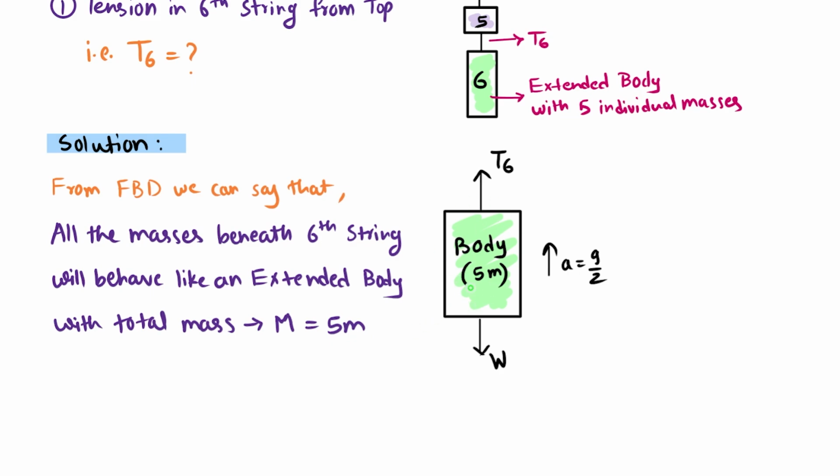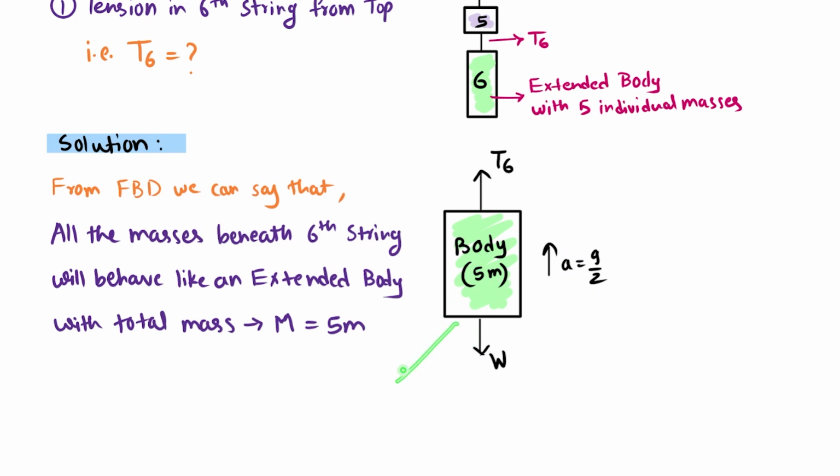On this body, there is a tension due to string number 6 acting in the upward direction, T6, and a weight acting due to Earth's gravitational force in the downward direction. And this body itself has an acceleration g by 2 in the upward direction.